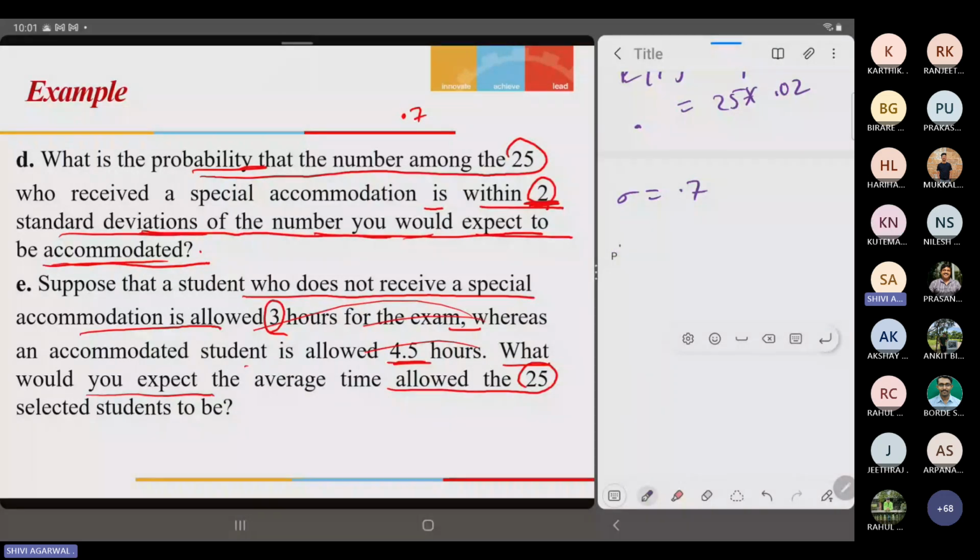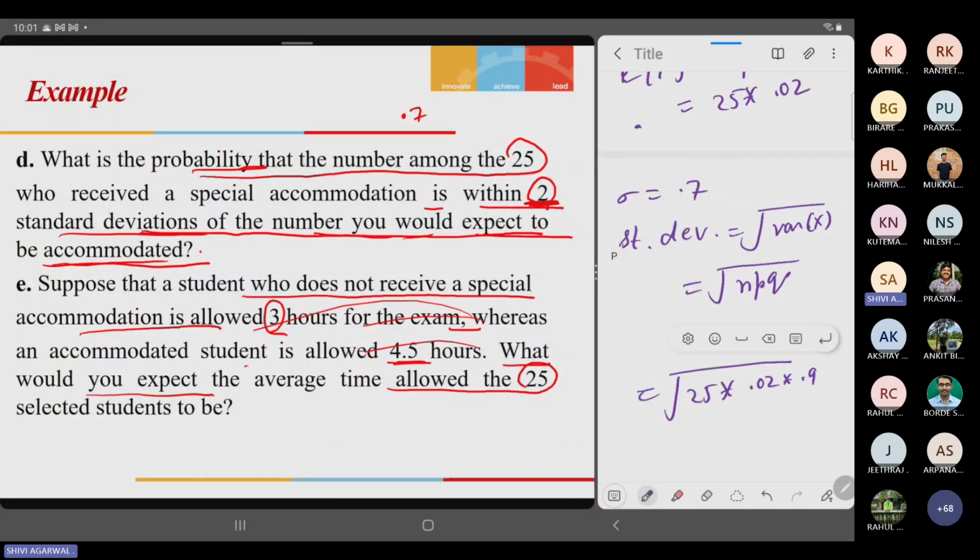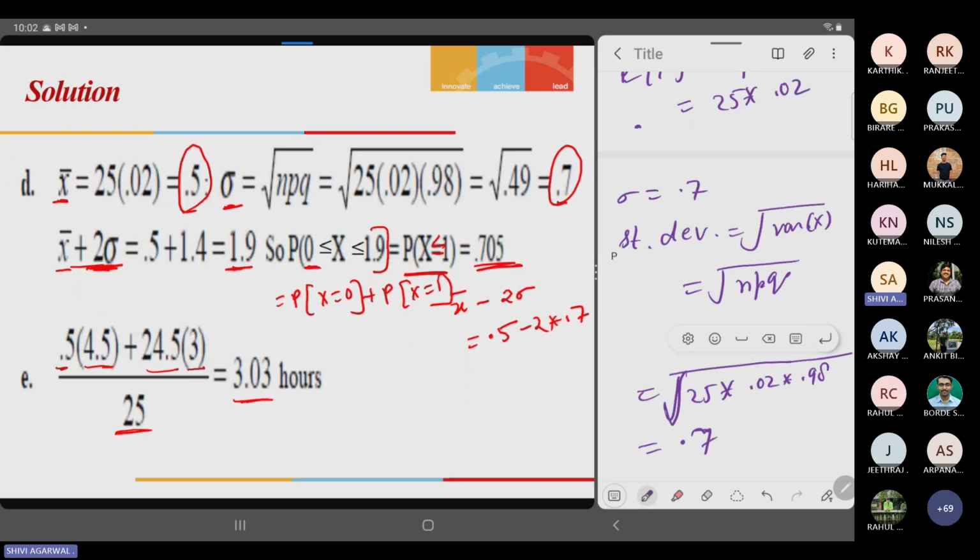Now standard deviation is the square root of the variance. Variance of x is NPQ. So n is 25, p is 0.02, q is 0.98, and taking the square root. So that is coming 0.7 according to the question. You can see in the slides.